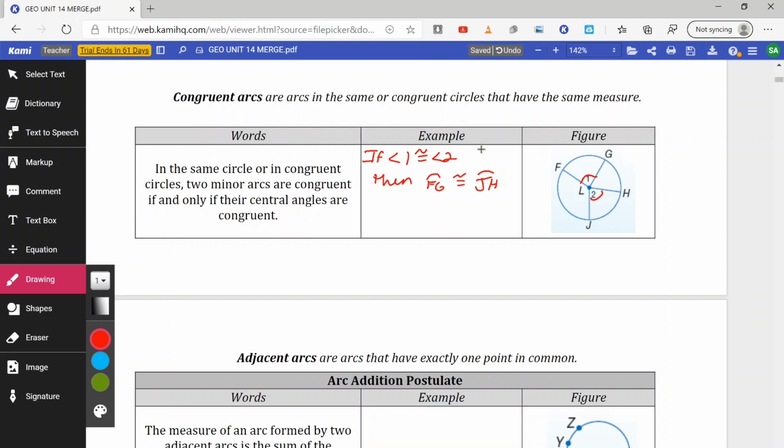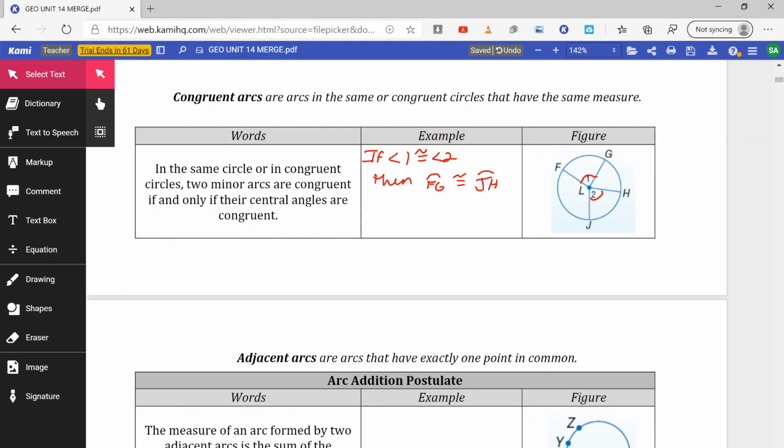So that again will help us out in figuring things out. So if we are told we have two congruent interior angles here, then we know that the arcs themselves are also congruent. We can apply the measurements that we are given in order to figure out unknown pieces.